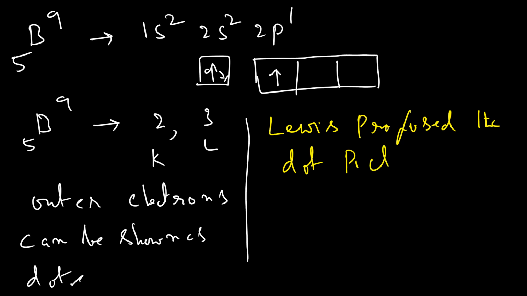For a Lewis structure, only the outermost electrons should be shown. For boron, the outermost shell has 3 electrons: 1 electron here, 1 electron here, 1 electron here. Boron has 3 electrons in the outermost shell.